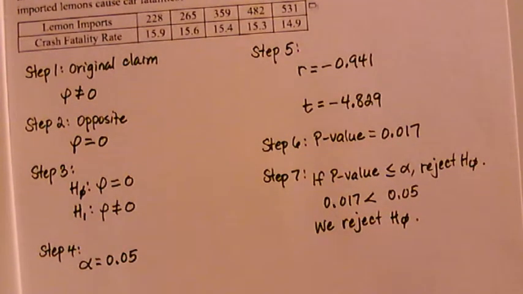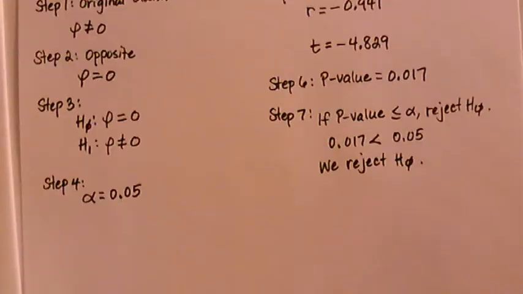And if we reject the null hypothesis, that means that there is sufficient evidence of a linear correlation.